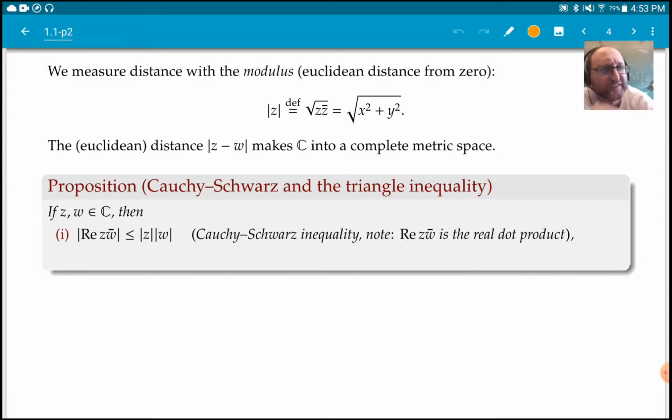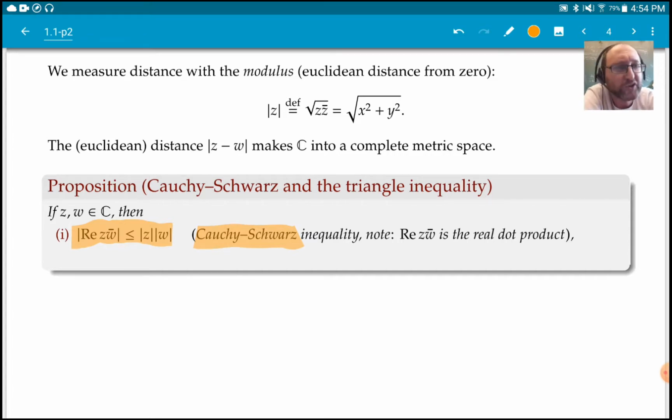All right. So a little bit more geometry. So first, Cauchy-Schwarz. Well, you've probably seen Cauchy-Schwarz before, but maybe not this way.